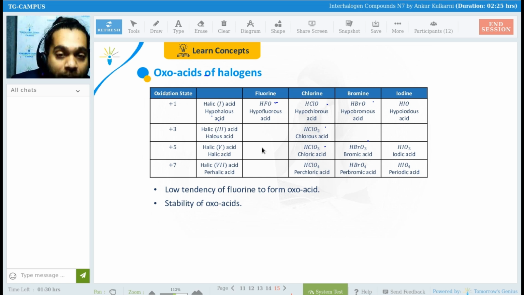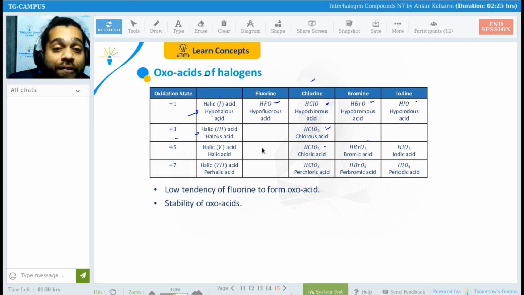Remember like this: +1 is hypohalous, so it is hypofluorous, hypochlorous, hypobromous, hypoiodous. +3, which is shown only by chlorine, is halous, so chlorous. We say chlorous, bromous, iodous, but only chlorine exists in +3.